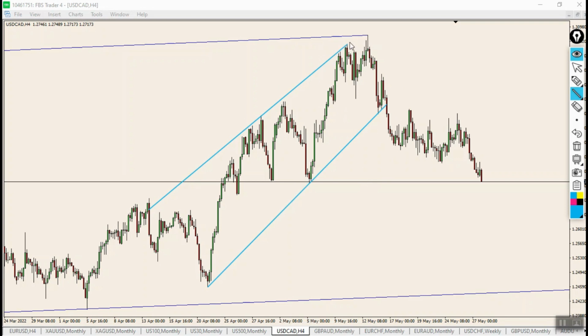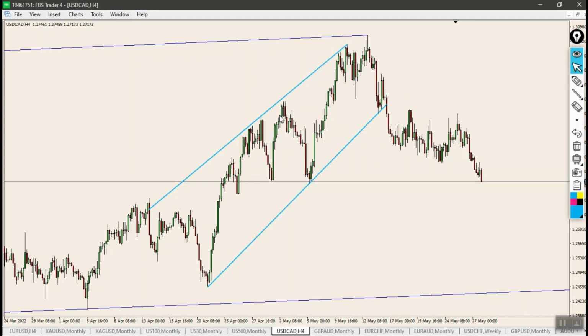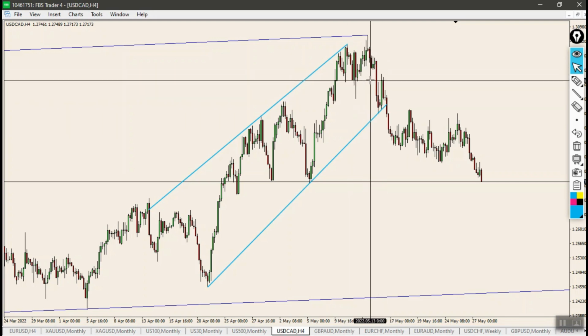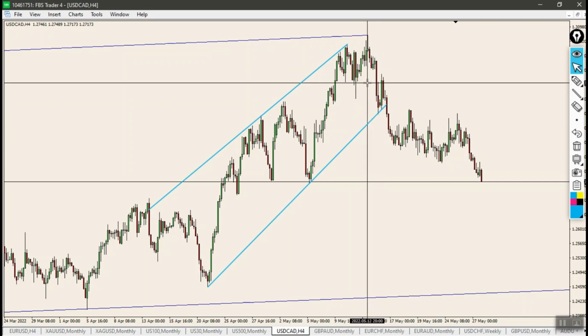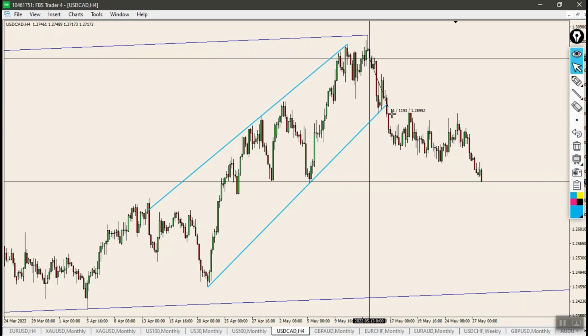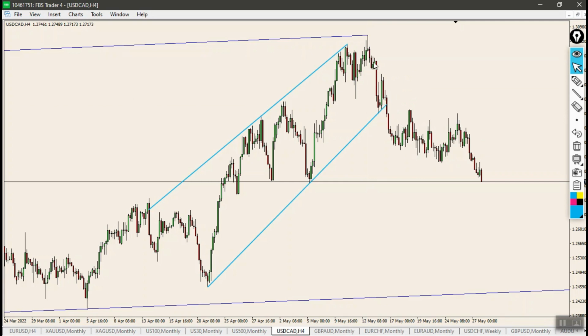Not only that, it gave us a double top, and on the second leg of this double top, it gave us a high test right on the 4-hour chart. Look at that. And this is the confirmation for a sell. So the market did indeed move bearishly, and it is still moving bearishly, as you can see.